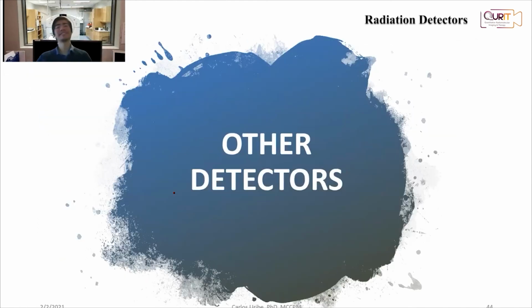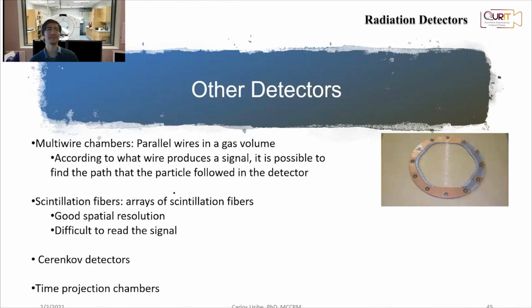Now, other types of detectors, not necessarily used in nuclear medicine, are detectors used to measure different types of radiation. There's something called multi-wire chambers, which have parallel wires in a gas volume. According to which wire receives the signal, it's possible to track the trajectory that a particle is following inside that detector.